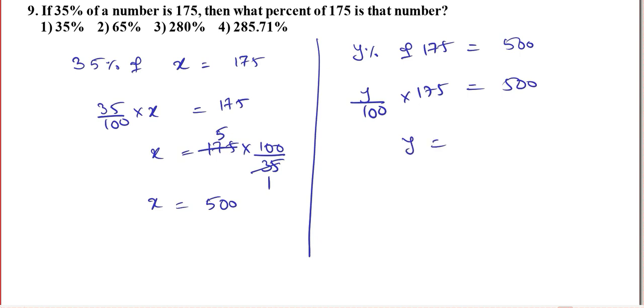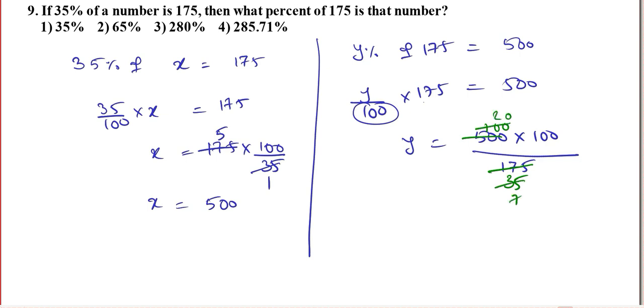From this, y is equal to 500 into 100 by 175. The denominator, if transposed to the other side, becomes a multiplier, and a multiplier becomes a denominator. 35 fives are 175, 500 and 5 sevens are 35, 20. So the required percent is 20 into 100, that is 2000 by 7.